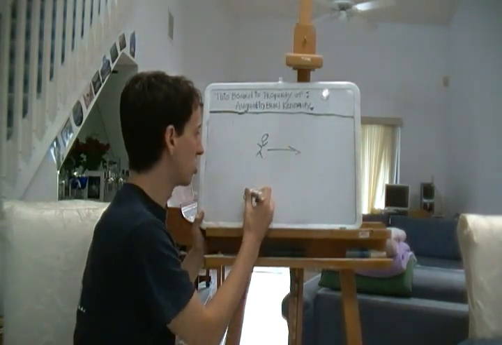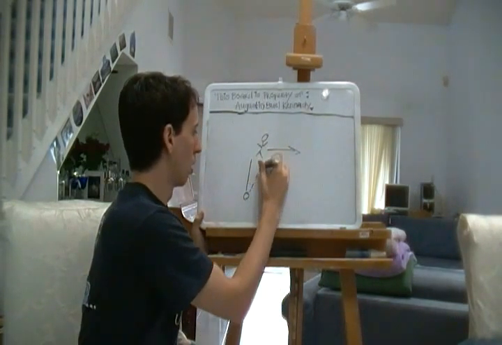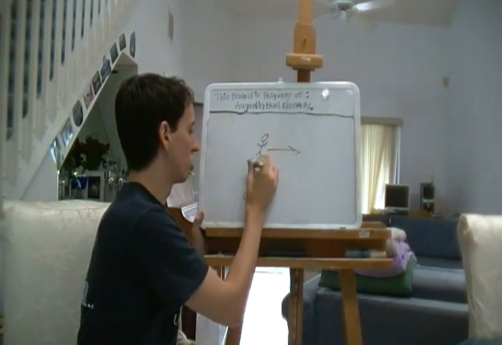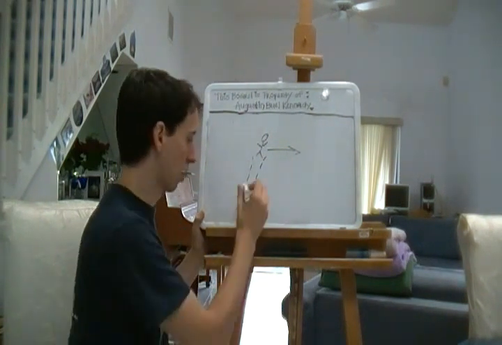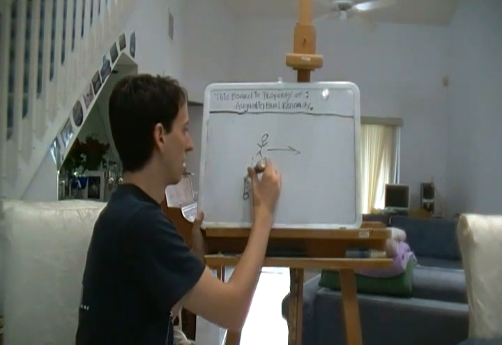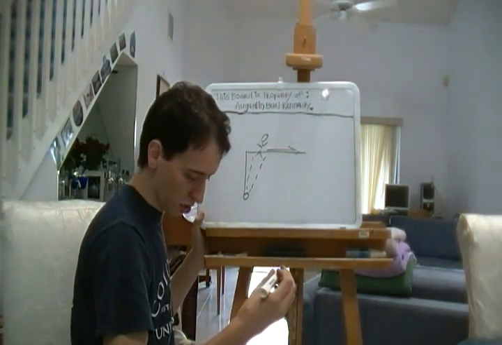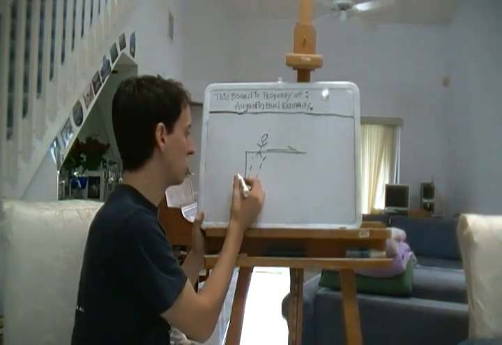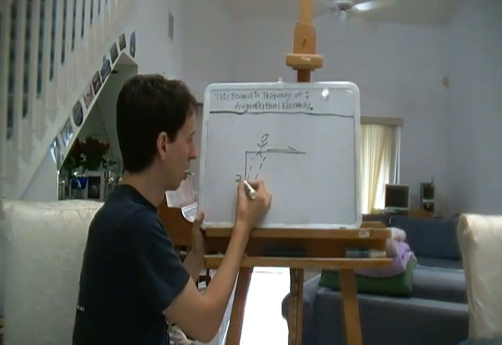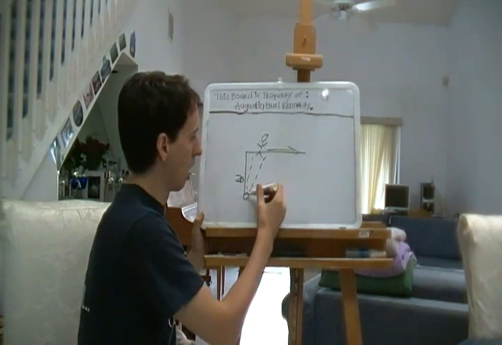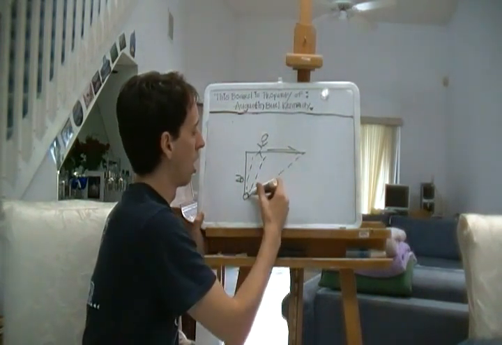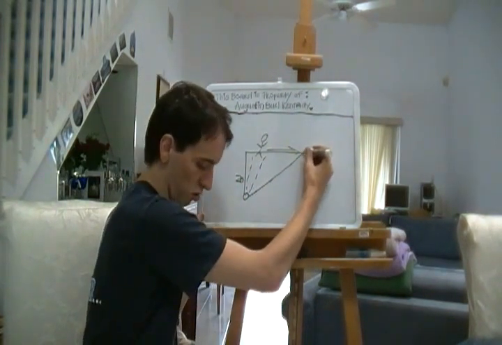And over here is the searchlight. It's focused on him. Guy starts here. He's going to walk out to here, and we know that this is 20 feet away. And here's x.